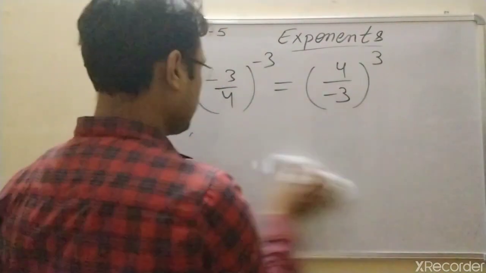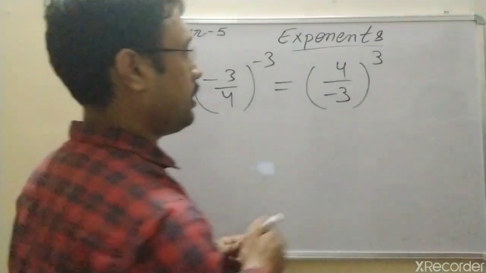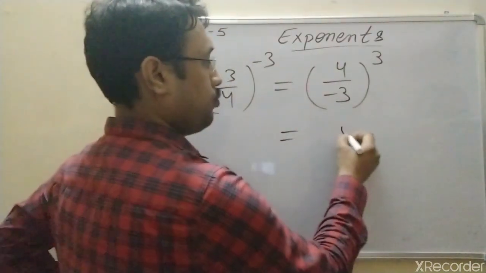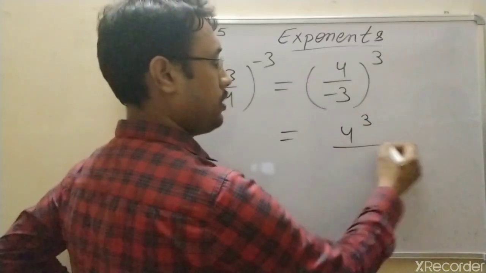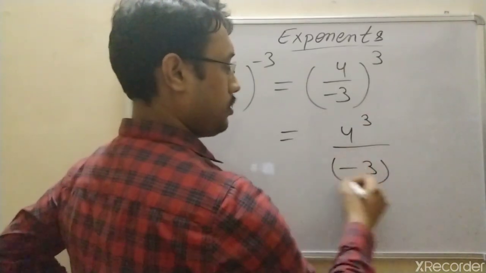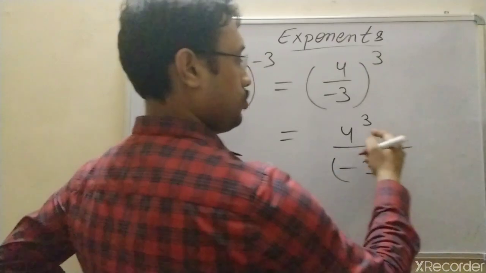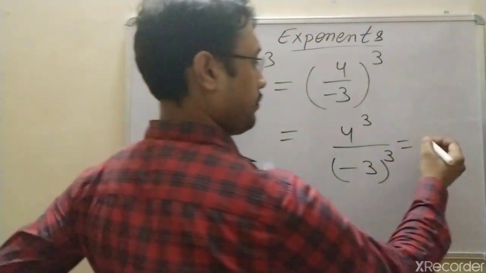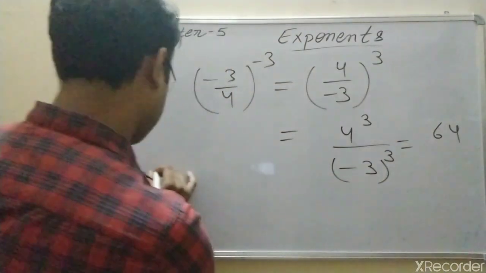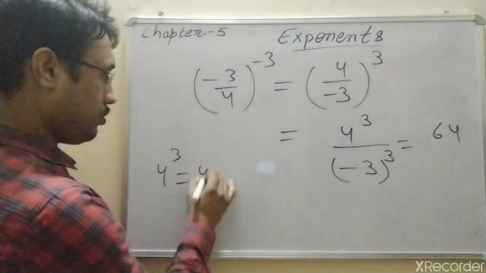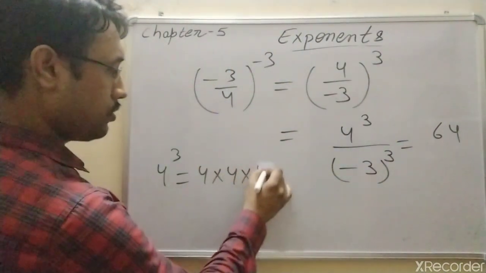Then you write 4, this power 3 will come on the numerator and also the denominator, minus 3 to the power 3. 4 to the power 3 you will get 64, that is 4 into 4 into 4.